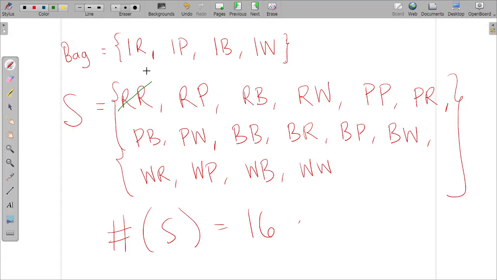We can't have any red again. Without replacement, this will not be there, and this will not be there either. So if you count the number of sample points without replacement, it will now be 12.